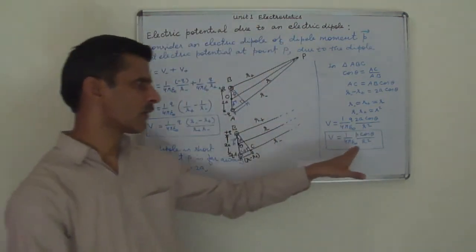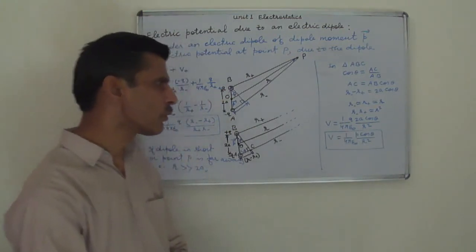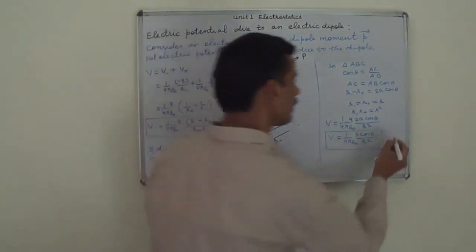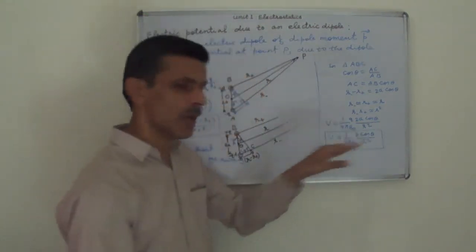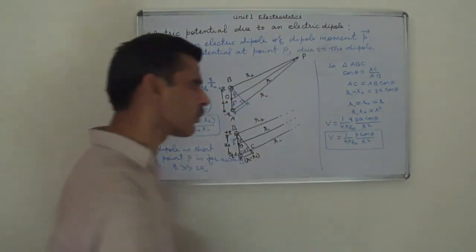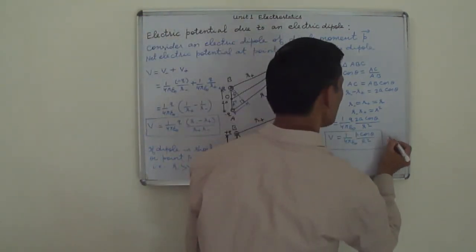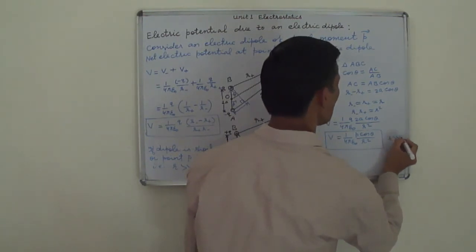We have this expression for potential due to an electric dipole. This is applicable if dipole is short or point is far away, that is R is much greater than 2a.